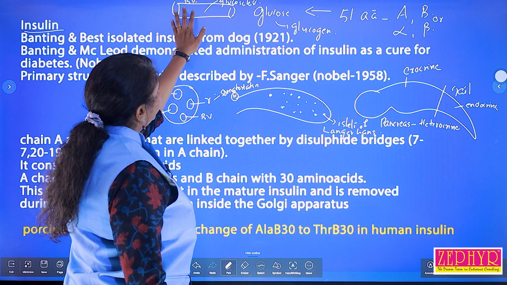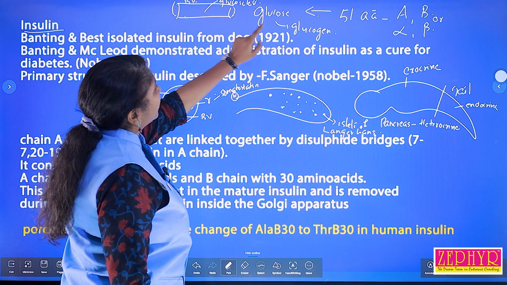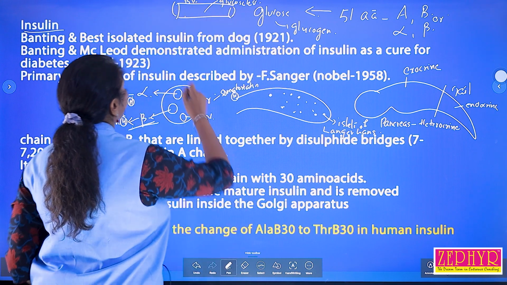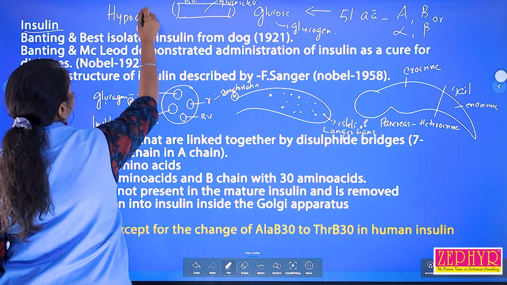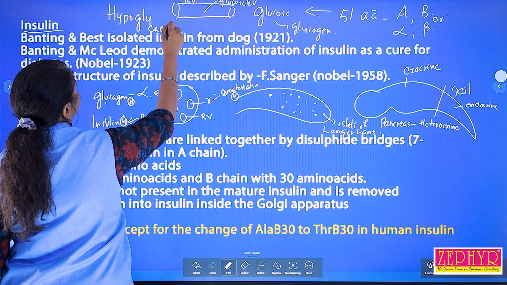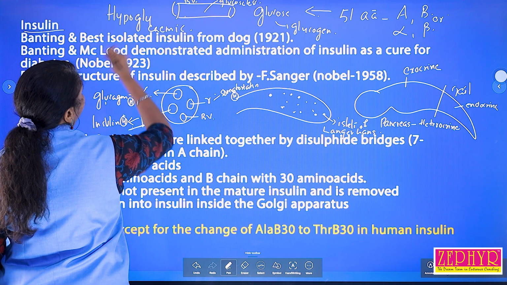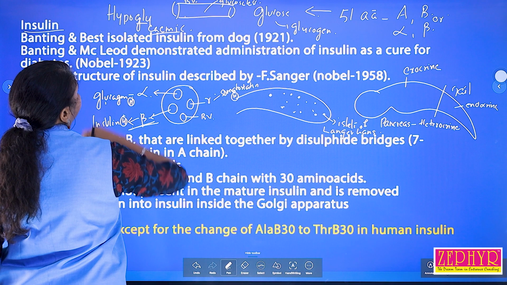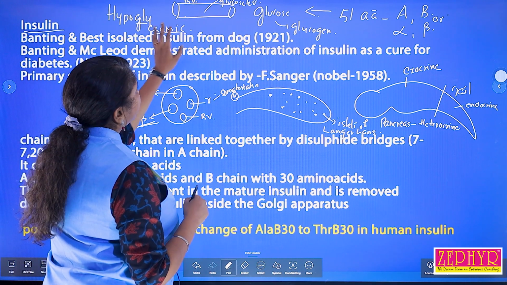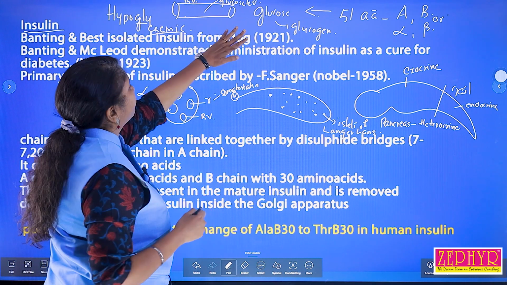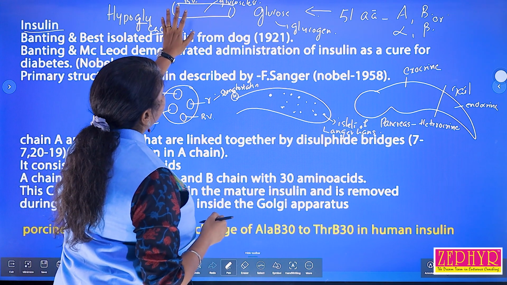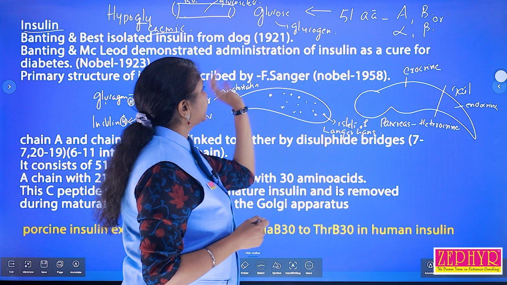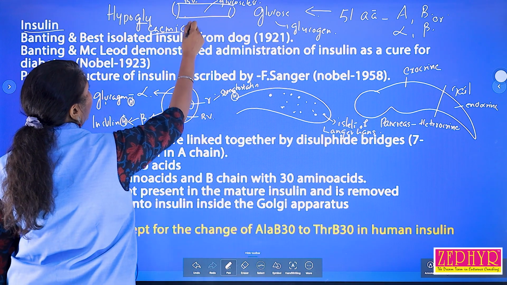So the blood will contain lower levels of glucose thanks to insulin, which means that this hormone is hypoglycemic. When you use the word glycemic, it means something connected with glucose. Hypo means low levels. So low levels of glucose in the blood are possible because of insulin. That's why it's called a hypoglycemic hormone.